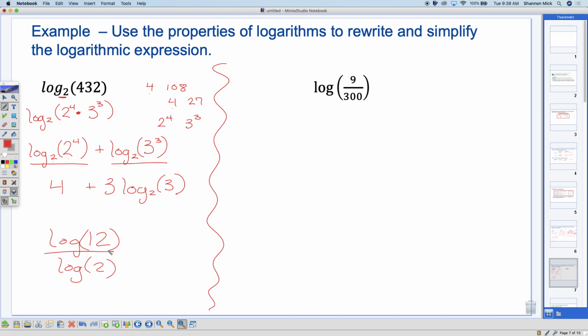So I have log of 3 over 100. What base am I? 10. So by division, it's log of 3 minus log of 100.